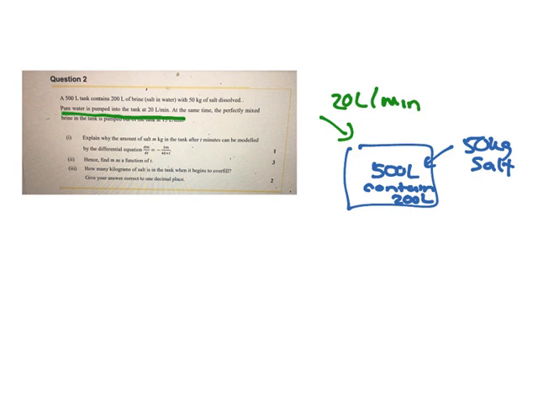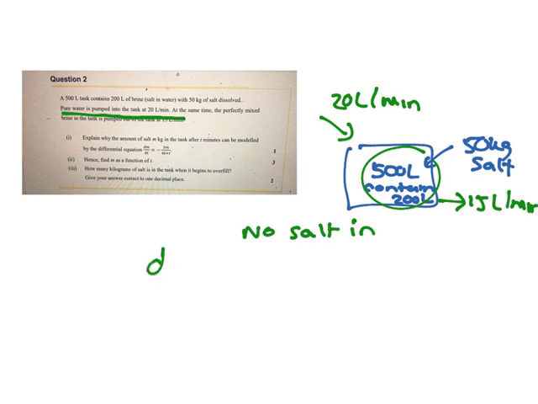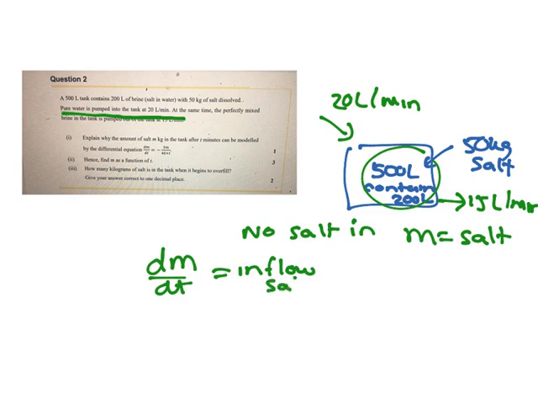So there's no salt going in. At the same time, the perfectly mixed brine in the tank is pumped out at 15 litres per minute. But there's already salt in there. So if I was going to set up this differential equation where M is the amount of salt, then dM on dt is the inflow of salt minus the outflow of salt.